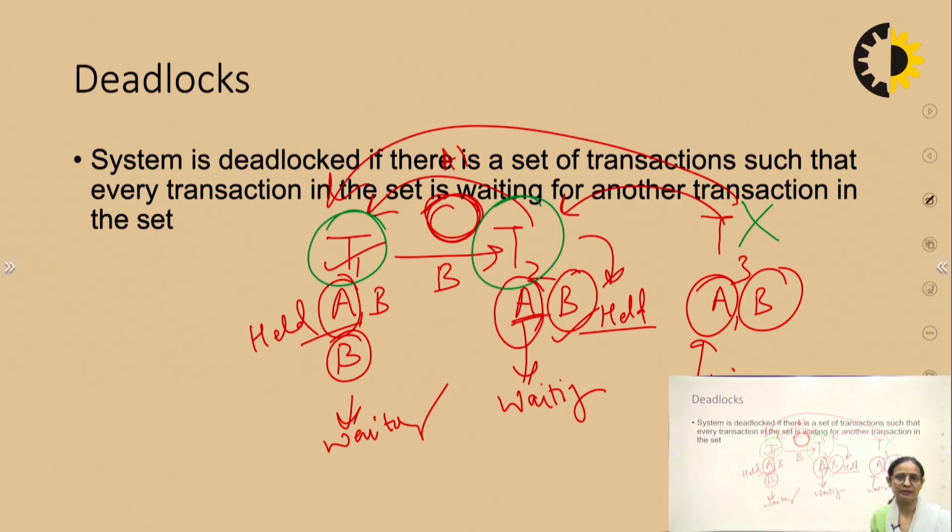My system is in the deadlock state, and all three transactions T1, T2, T3 are not able to progress further. But if I want to identify which transactions the deadlock has happened due to, who are the main culprits involved, then T1 and T2 is the answer.